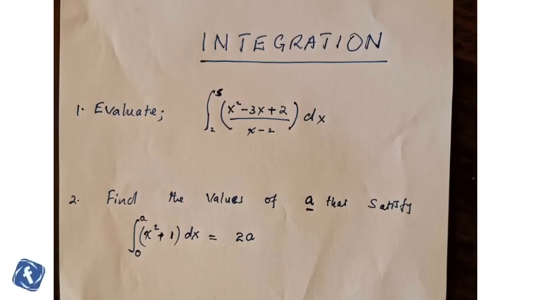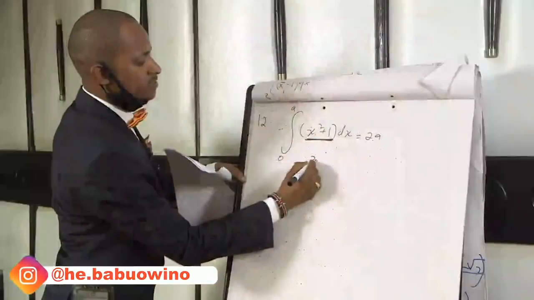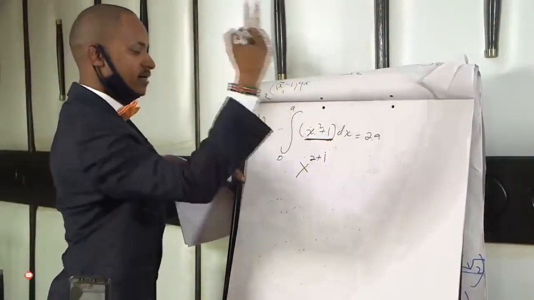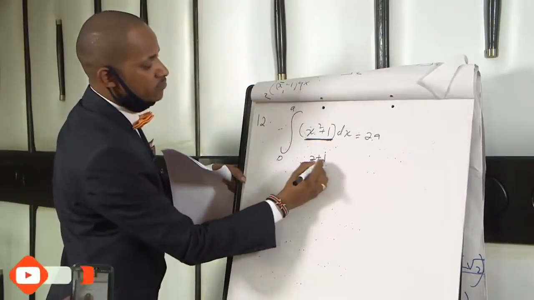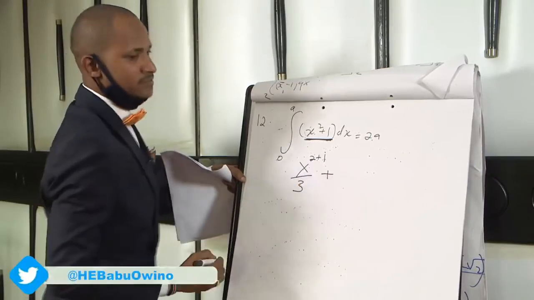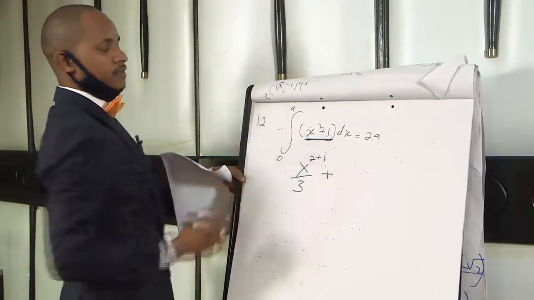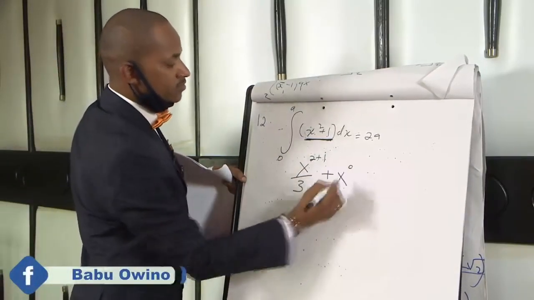We first of all have to integrate this. So by integrating this, as I told you, you write x, integrate the first part: x squared, add 1 in integration, add 1, then divide by the summation of what you get, which is 3. Plus, here we have x raised to power 0.